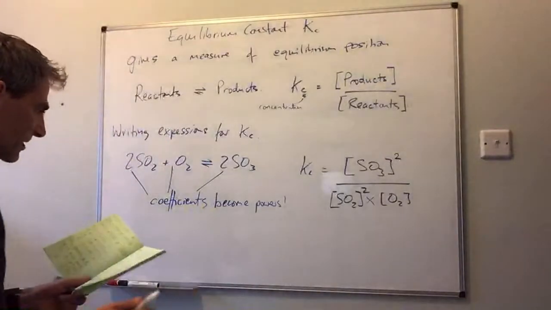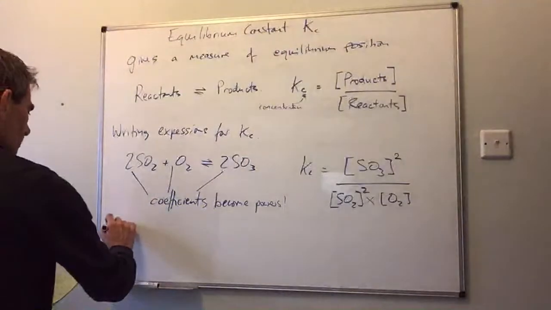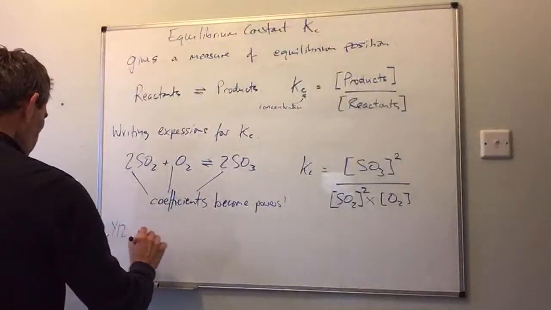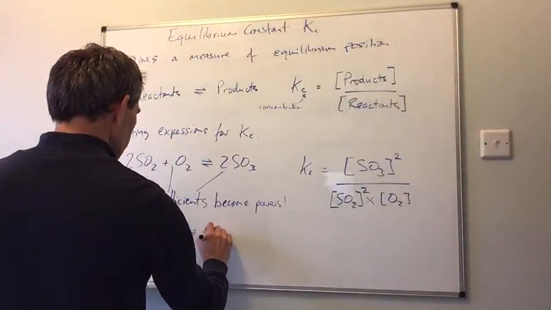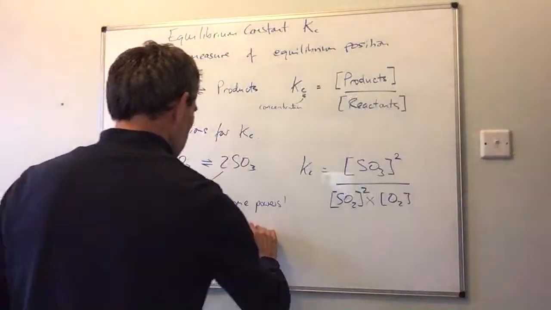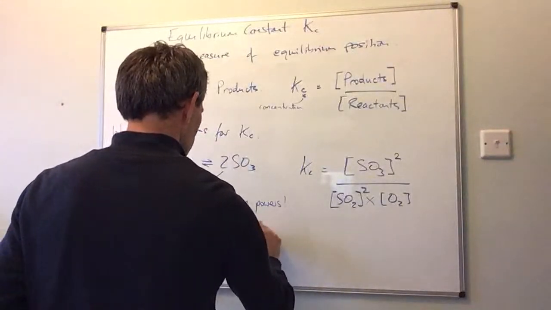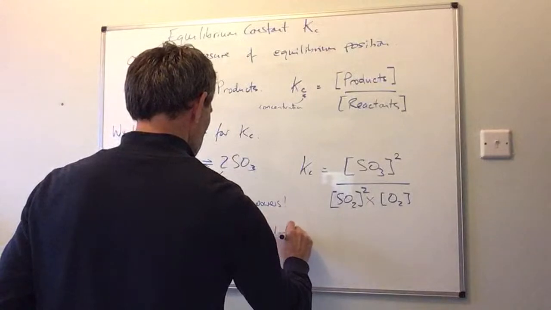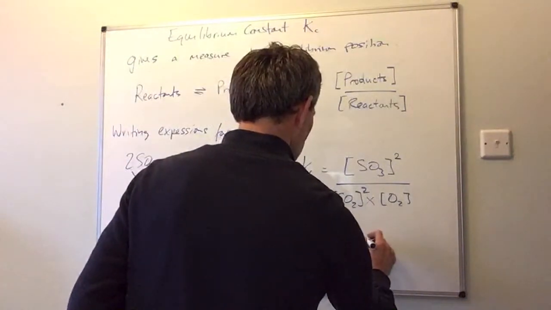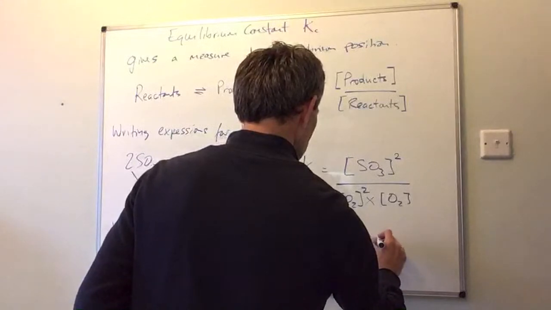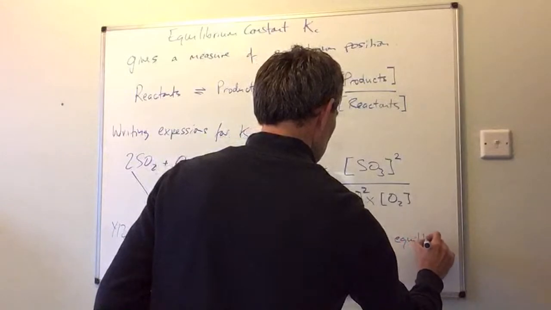Right, so basically we're nearly there. I'll probably get the rest of the stuff here. So for year 12, what you need to be able to do is calculate Kc from given equilibrium concentrations.